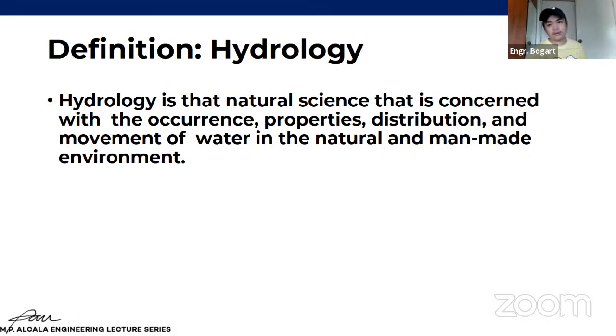Okay, what is hydrology? Hydrology is that natural science that is concerned with the occurrence, properties, distribution, and movement of water in the natural and man-made environment. What do we mean by natural environment? Meaning that is what is already existing since the creation. All right. So in reality, all you have are reservoirs, right?